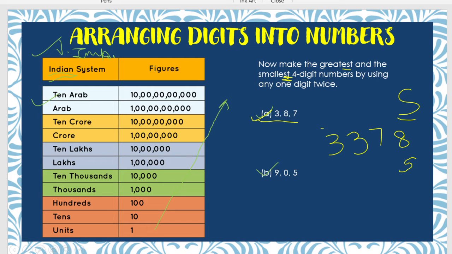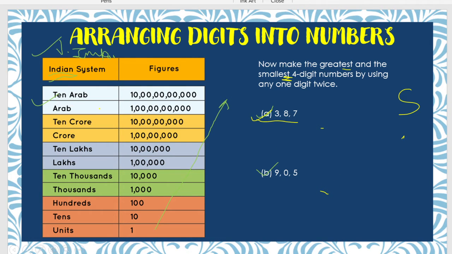We could write 3778. Just see, if I repeat 7 in 3778, is it a smaller number? This is the larger number, and this will become a greater number. So our answer might be incorrect. So I'm not using 7 2 times. I'm using 3 2 times. Okay.